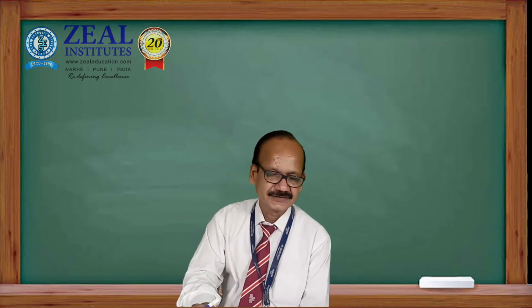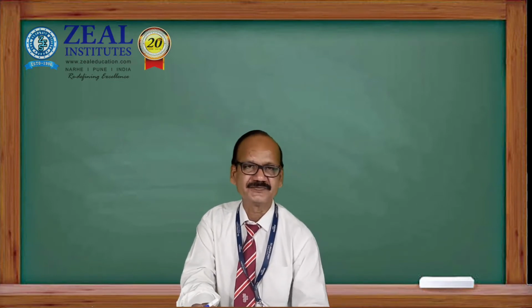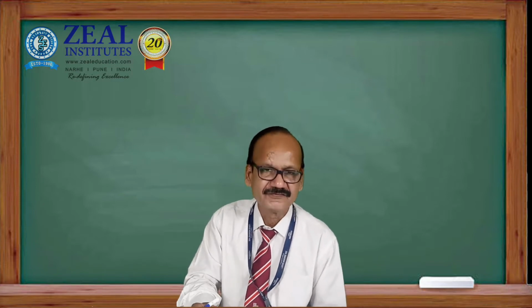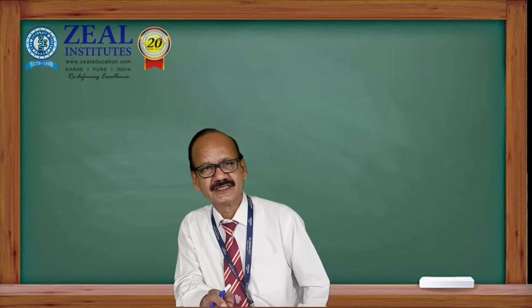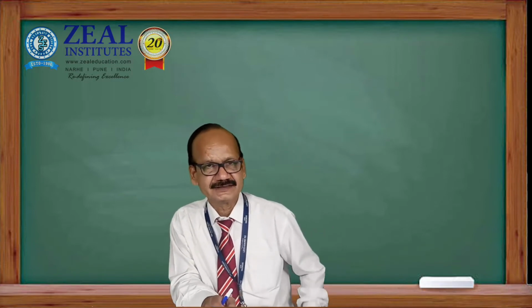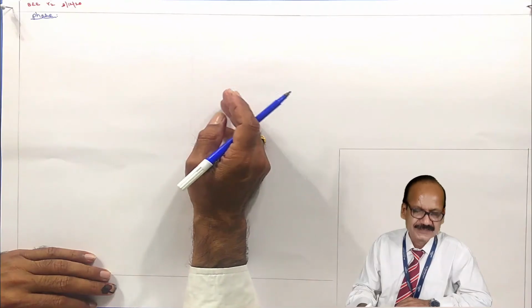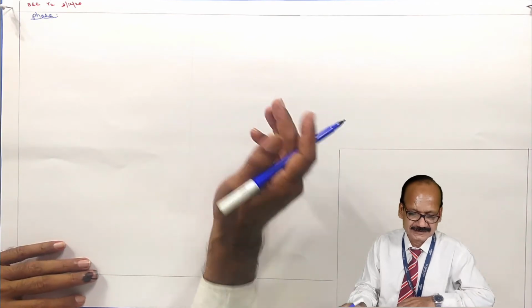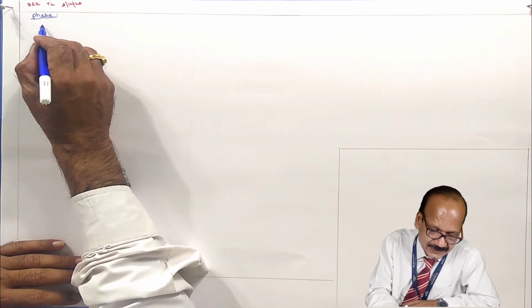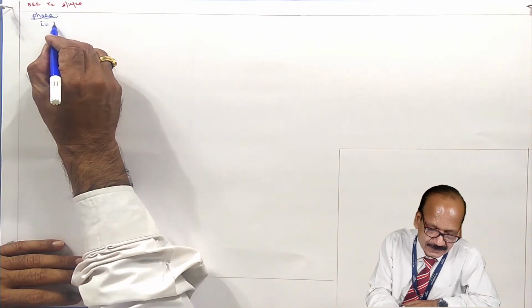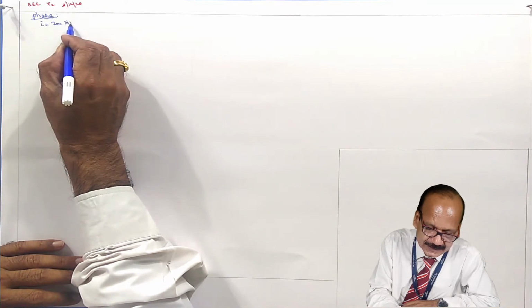Now in this lecture, we are going to learn what is phase, phase difference, in phase quantities, phase lag, and phase lead. So to understand the phase, let us consider the current equation i equal to I max sin omega t.